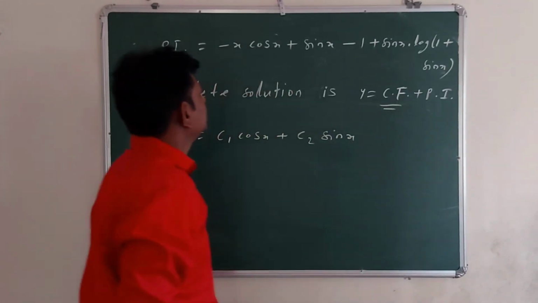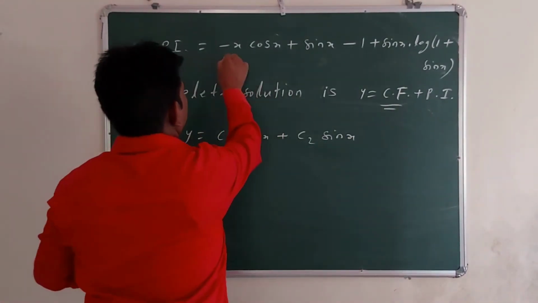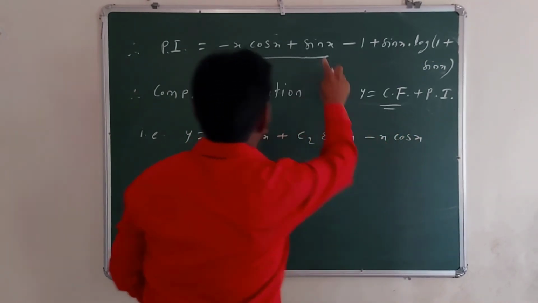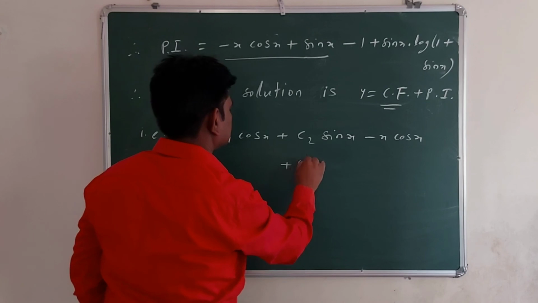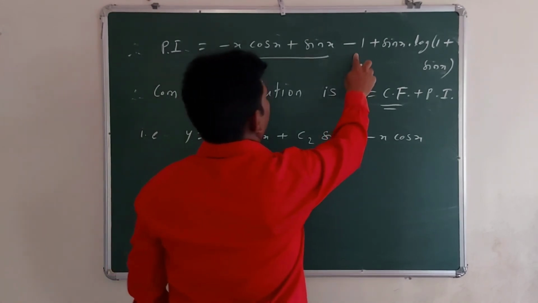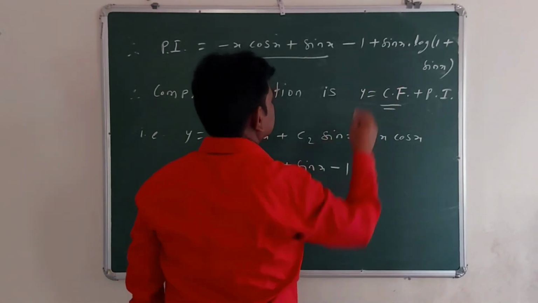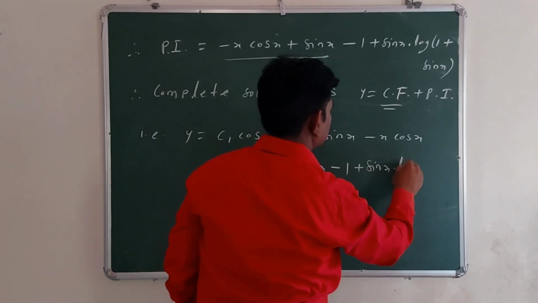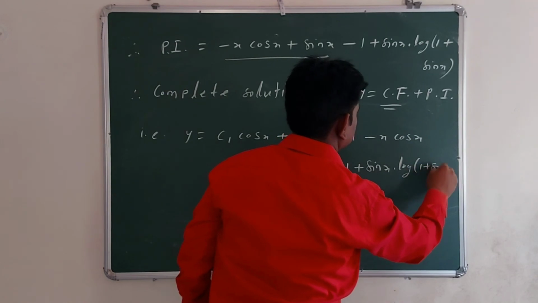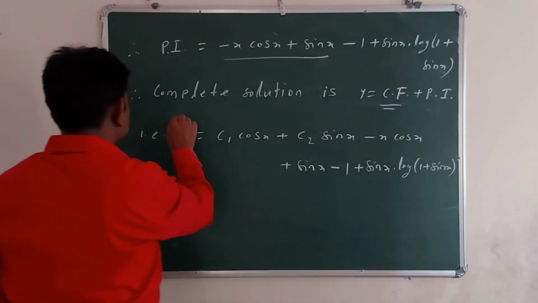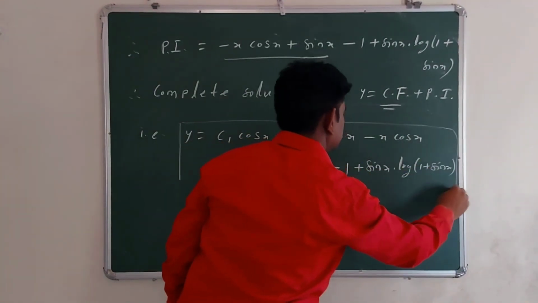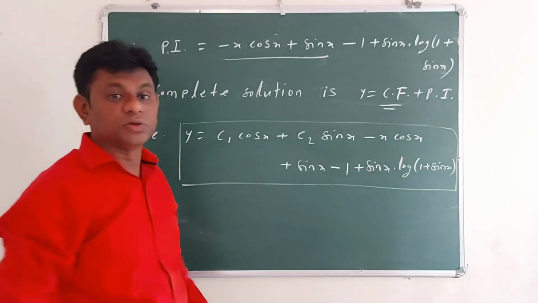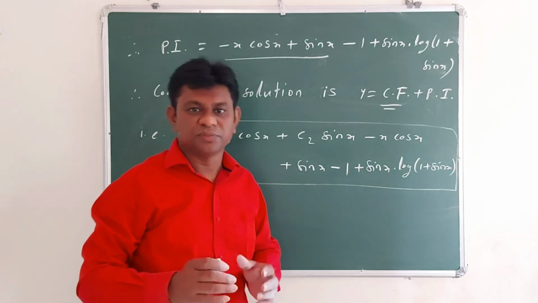Here PI is minus x cos x plus sin x minus 1, plus sin x times log of 1 plus sin x. So this is the required general solution of the given differential equation according to the variation of parameter method.